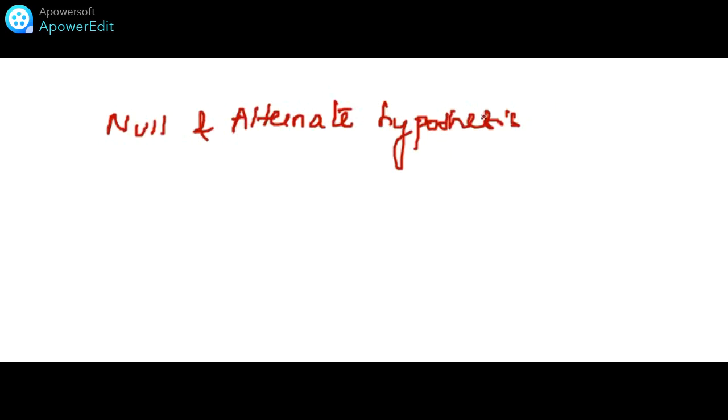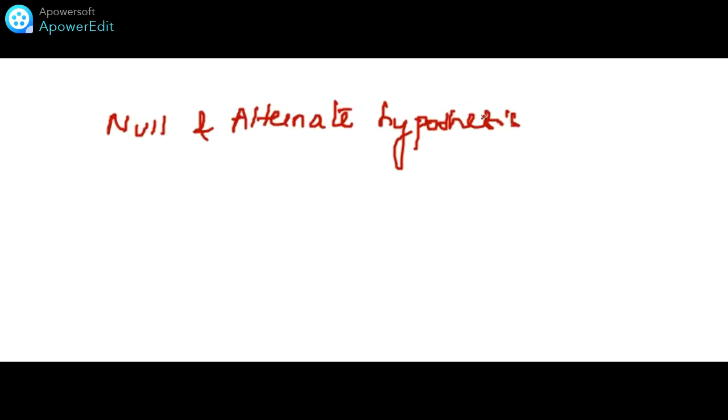When there is no association between them, the null hypothesis is true. But when there is an association between them, or when they depend on each other, the alternative hypothesis is true. For example, athletes perform better on the field when they attend physiotherapy sessions. So one variable is associated with another variable.